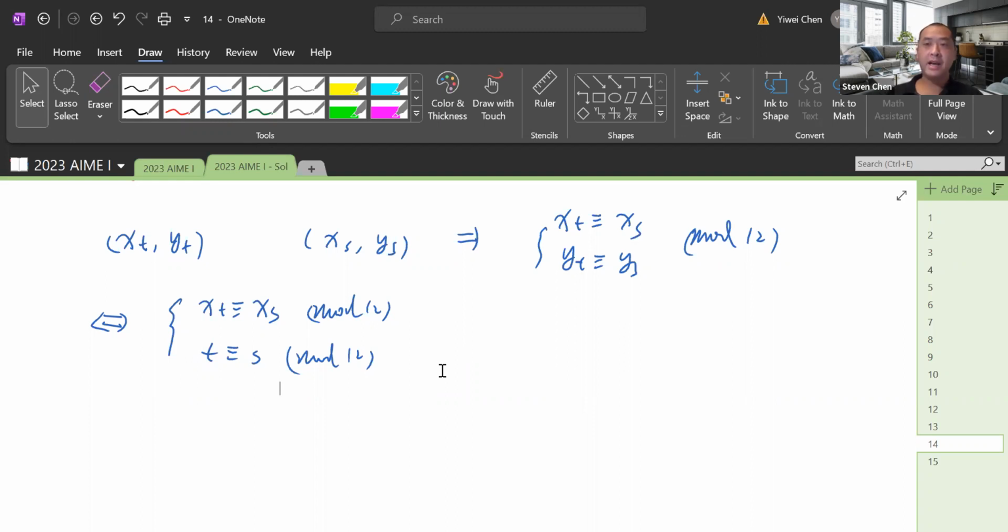When you want to check whether two positions are the same, the first thing to check is how many joint movements you have made for each position. If the total numbers of joint movements of these two positions are not congruent modulo 12, you don't even need to check how many movements each particular hand has made, say for the longer hand, because their positions can never coincide. So to avoid coinciding positions, the first condition is that their times must be congruent modulo 12.